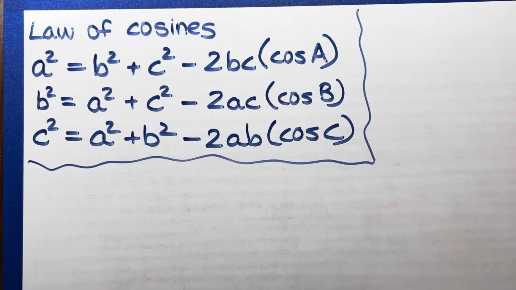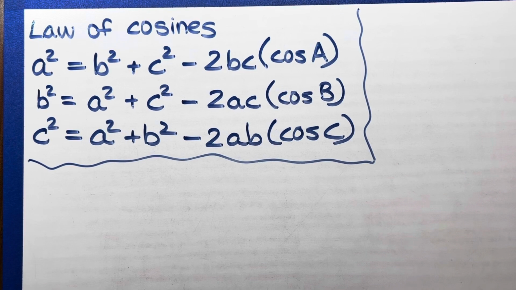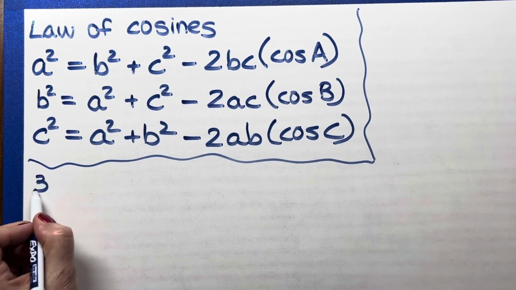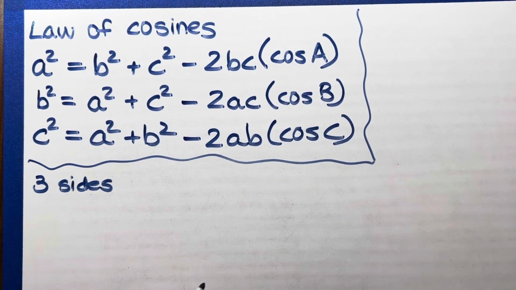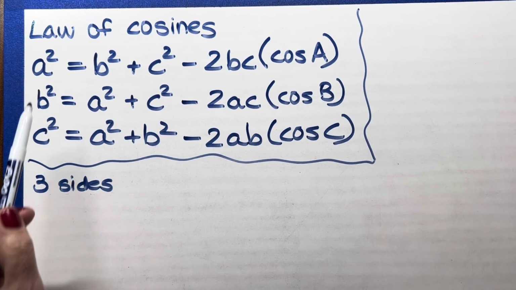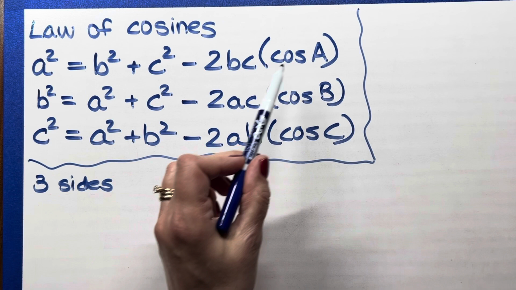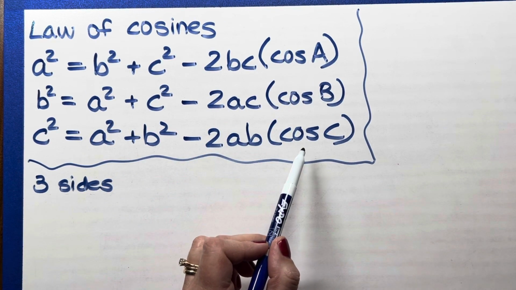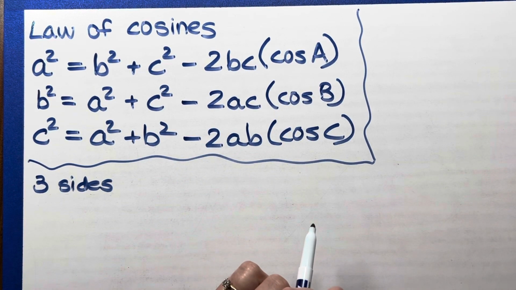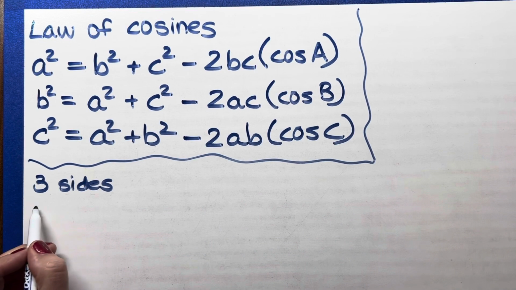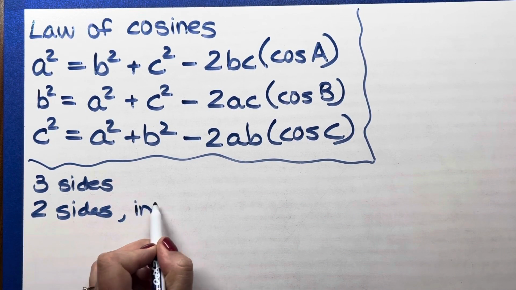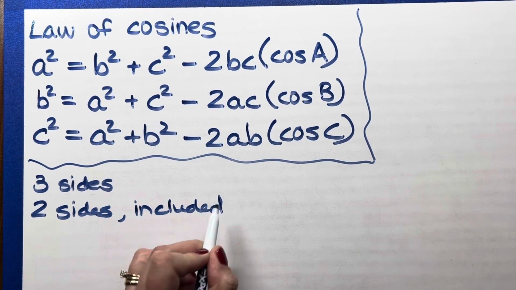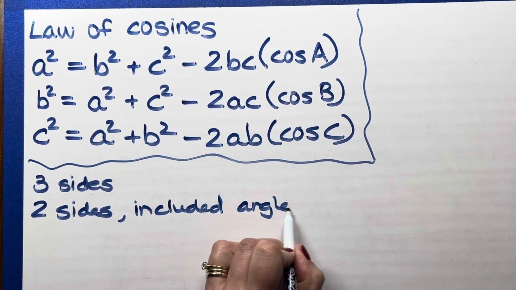So when do we use the law of cosines? There are two instances where you can use the law of cosines. If you are given all three sides of a triangle, you can plug in all of those values and then just solve for the angle. The other time that you can use that is if you have two sides and you have the included angle between them.